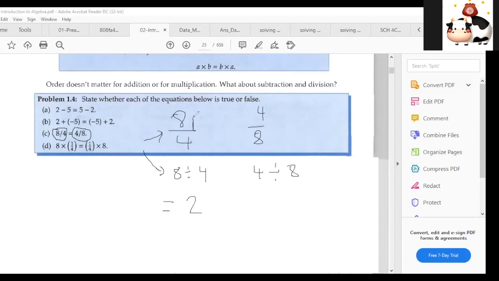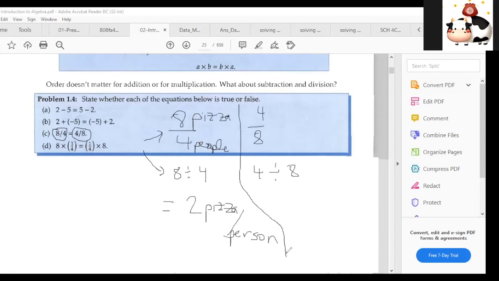We got 8 pizzas. And we have 4 people. How much pizza does each person get? 2 whole pizzas each, right? 2 pizzas per person. That's a lot of pizza. You better be hungry, right?